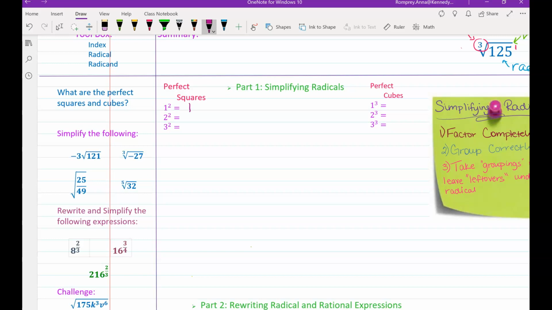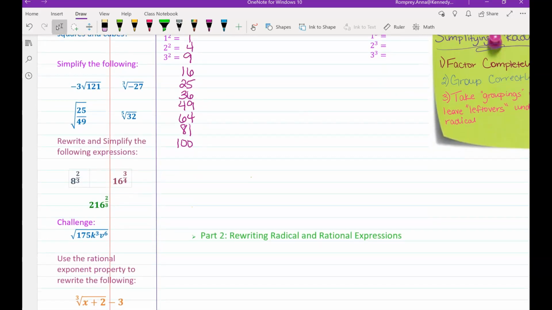So 1, 2 squared is 4, 3 squared is 9, 16, 25, 36, 49, 7 squared. 8 squared is 64, 81, 100.